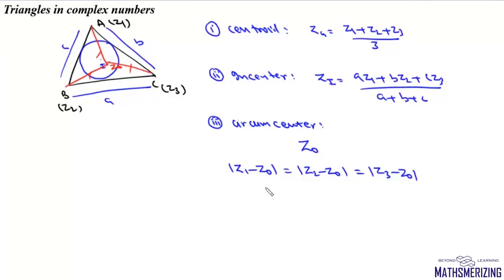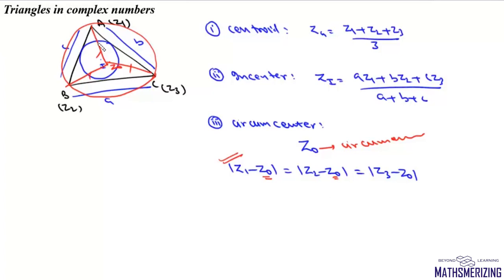In that case, this Z0 will be circumcenter of this triangle ABC. So in most of the cases, you'll be given this condition to identify circumcenter for the given triangle.